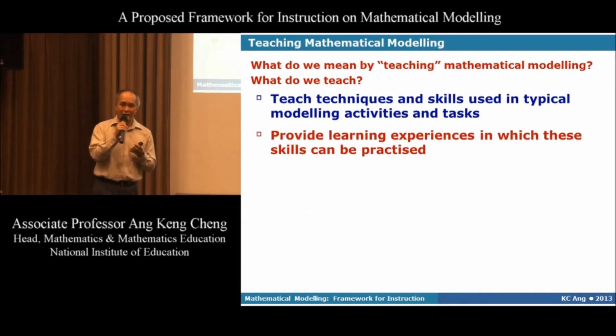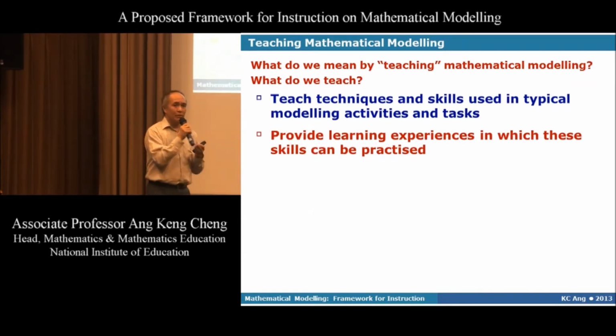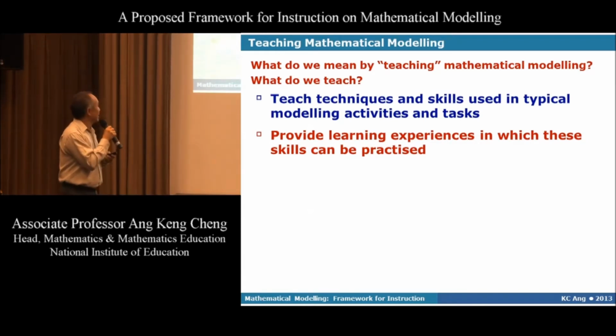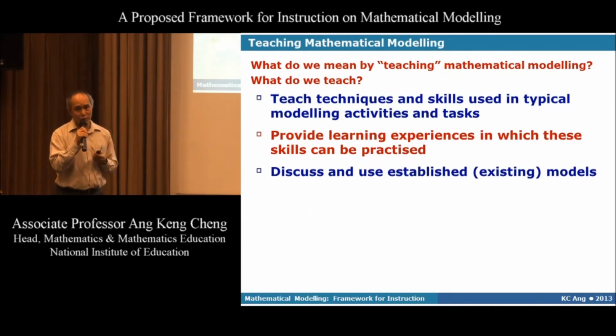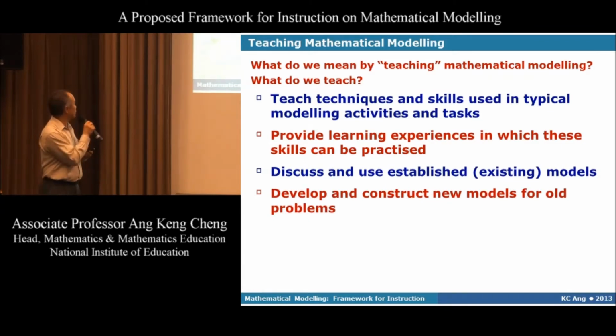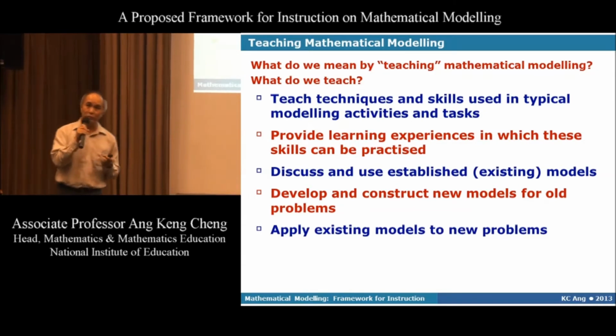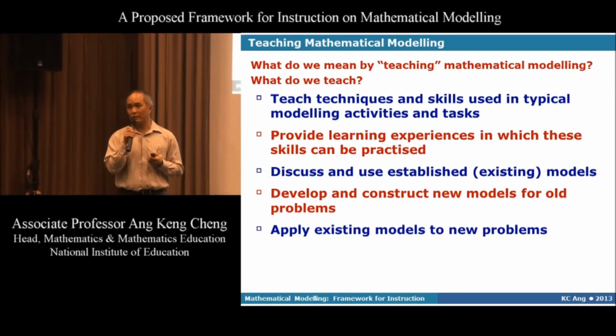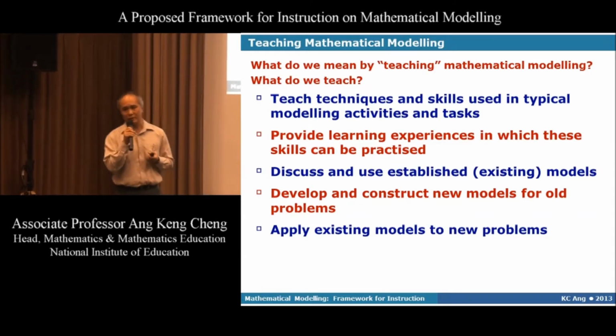We provide learning experiences where students can practice these skills and learn the techniques. We can also discuss and use established or existing models, and construct new models for old problems. We can apply existing models to new problems maybe. These are all examples of what we mean when we say we teach mathematical modeling.